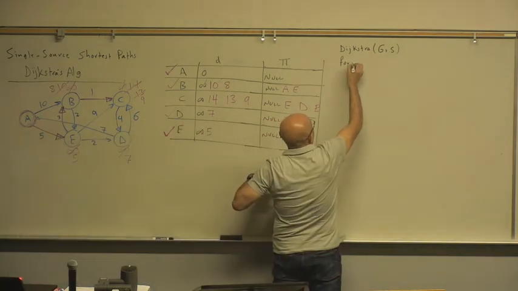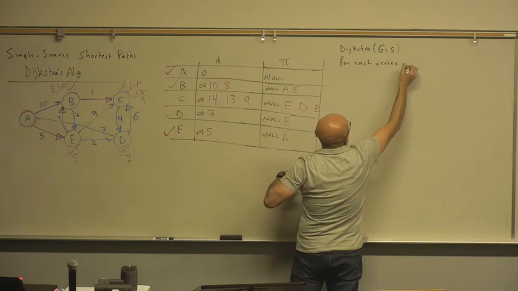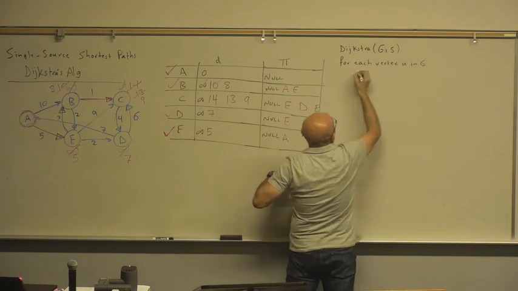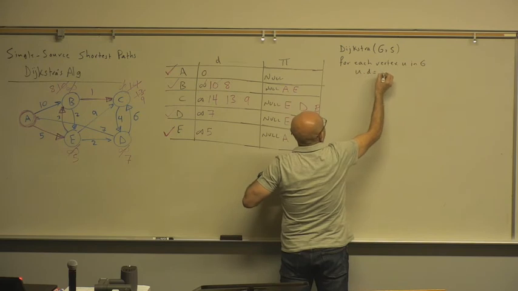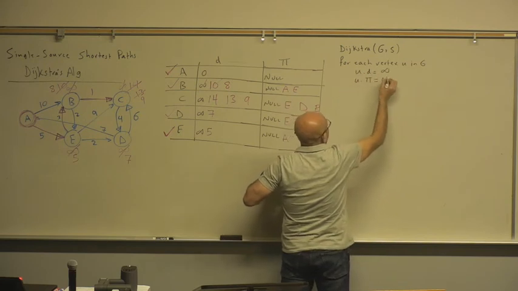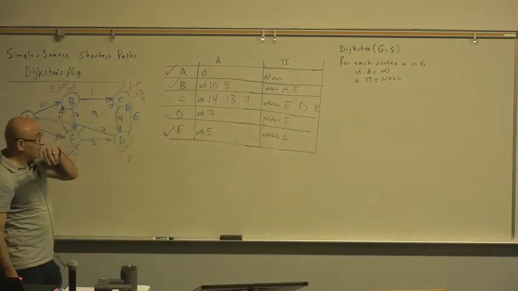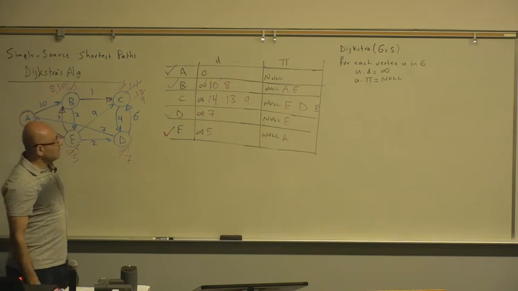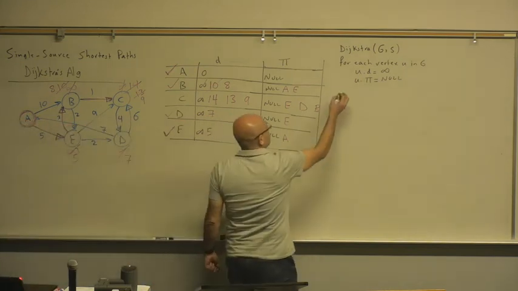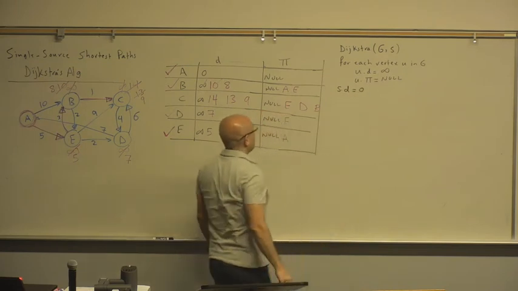For each vertex u in G, u dot d equals infinity, and u dot pi equals null. This is the initialization. Then I set the distance of the source, s dot d, to 0.